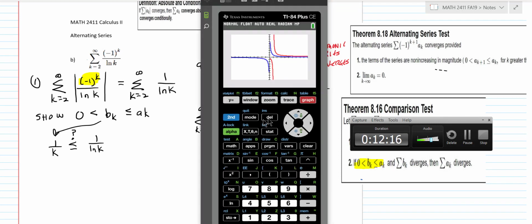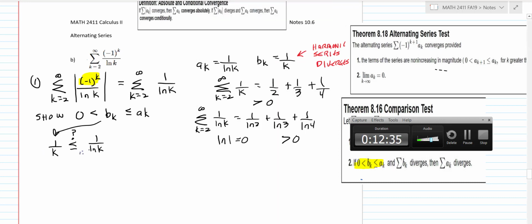I'm going to graph 1 over x and 1 over ln of x. This doesn't prove anything, but you can see that all the terms on 1 over x appear to be lower than all the terms on 1 over ln of x. I'm going to cross multiply this, so 1 times ln k, I get ln k. Hold on, I don't really need to do that.